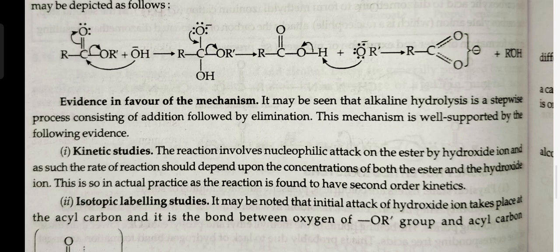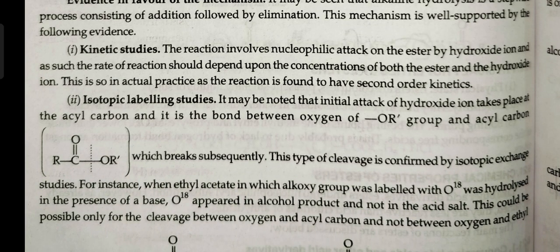Second, isotopic label studies. It may be noticed that initially the attack of hydroxide ion takes place at the acyl carbon, and it is the bond between the oxygen of OR and the acyl carbon which breaks subsequently. This type of cleavage is confirmed by isotopic exchange studies.